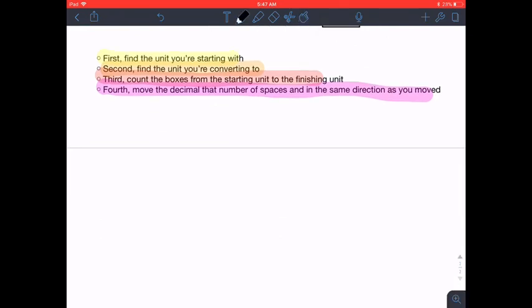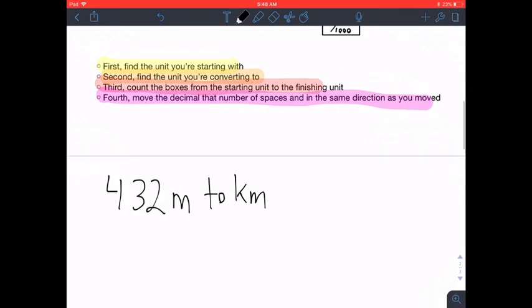Alright, so let's just pick a number. We're going to go 432 meters. And we're going to convert that to kilometers. Alright, well, first, find the unit we're starting with.